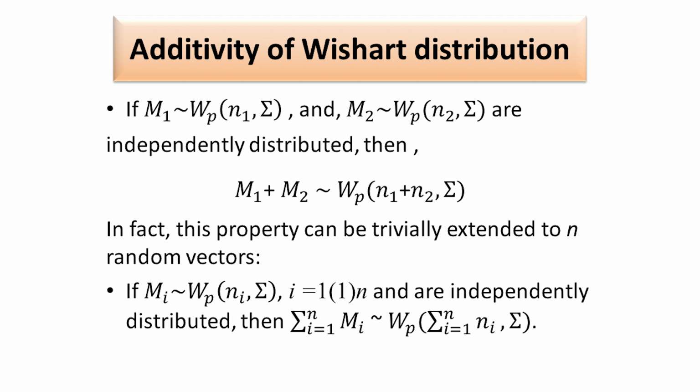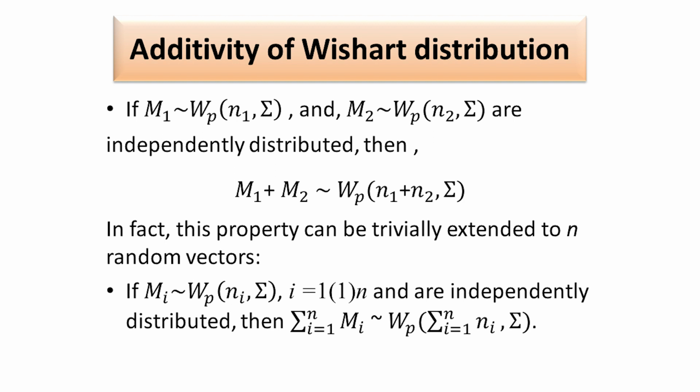We have a similar property for the Wishart distribution. Here, if M1 is distributed as Wishart P n1 sigma, and M2 is distributed as Wishart P n2 sigma, and M1 and M2 are independently distributed, then M1 plus M2 will be distributed as Wishart P n1 plus n2 sigma, that is, degrees of freedom will be n1 plus n2 and the scale matrix is sigma.